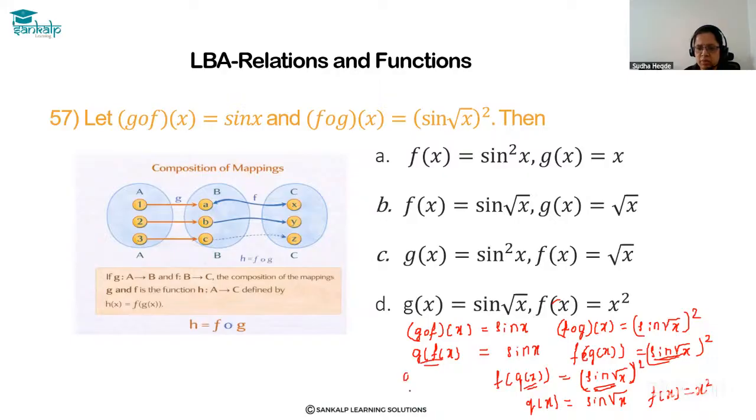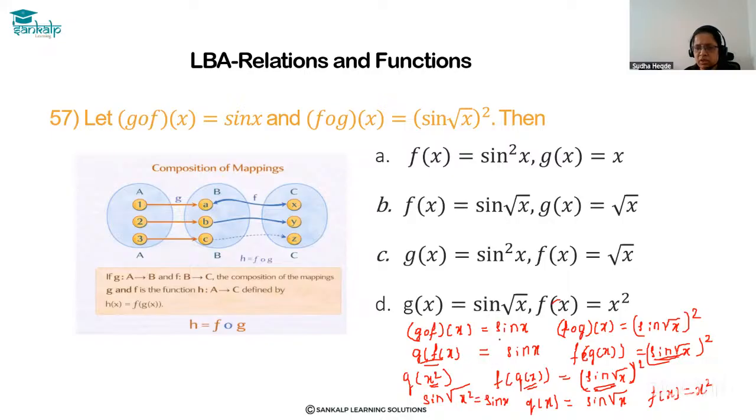You check whether what you have found is correct or not by this. What is f(x)? It is x², correct? g of x², what is g(x)? sin √x. So you replace x with x² in that: sin of root of x², that is sin x.